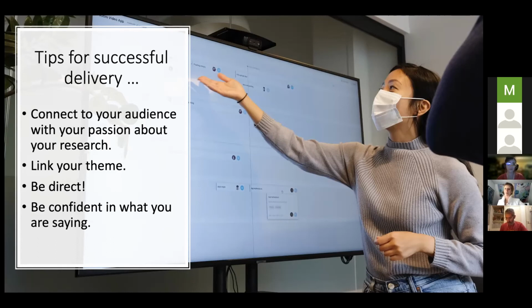Also, be confident in what you're saying. Easier said than done, of course, all right? If you're feeling worried about your English level, if you're feeling worried about understanding your topic well enough to talk about it, that's really natural.